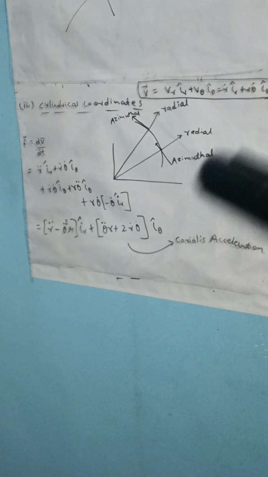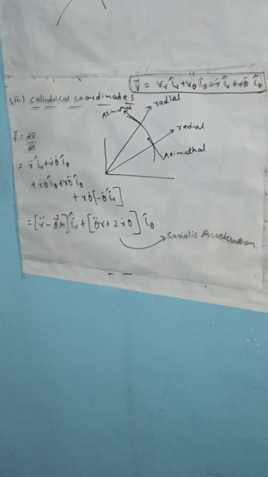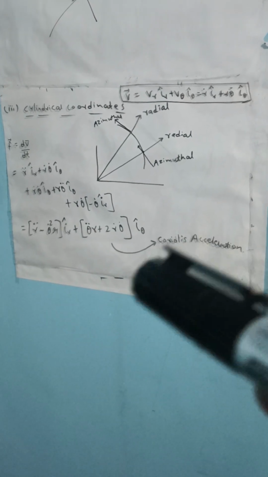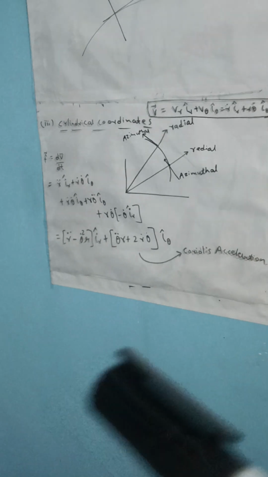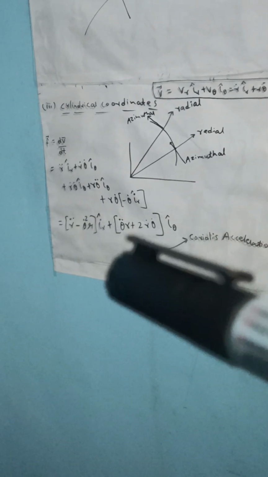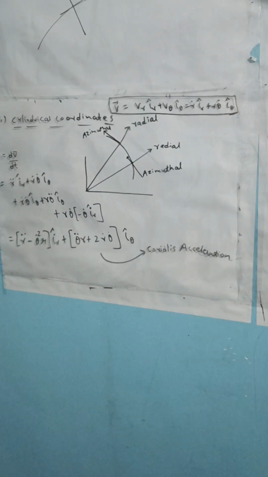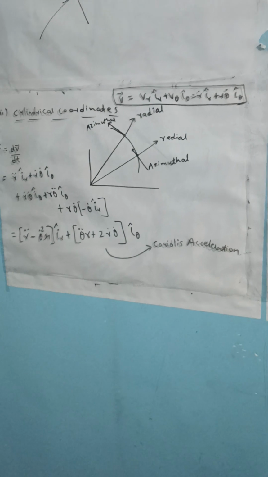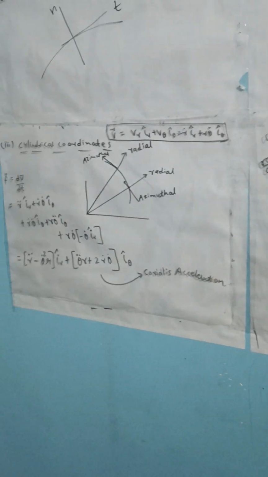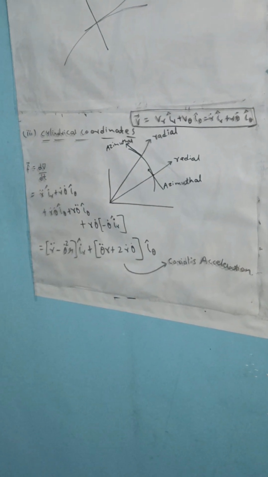R dot is radial velocity, theta dot is angular velocity, so it is i theta cap. So this component is coming along the azimuthal direction and that along the radial direction, and we know that minus omega square r is the centripetal component. R double dot is the double derivative of radial distance, the acceleration along the radial direction.